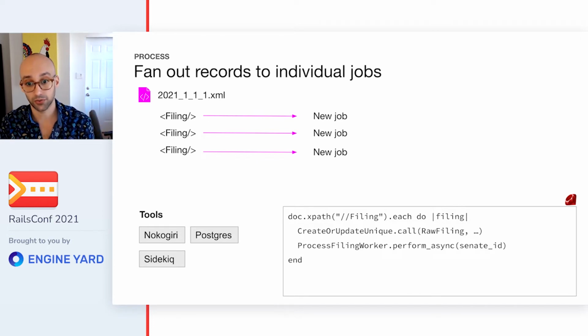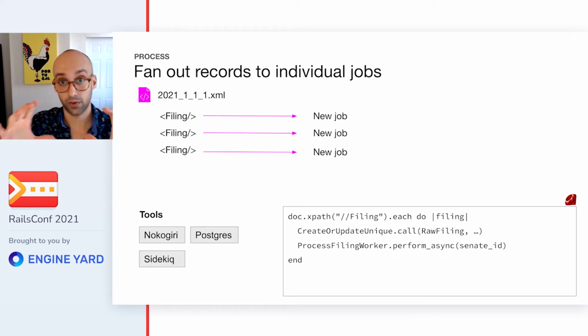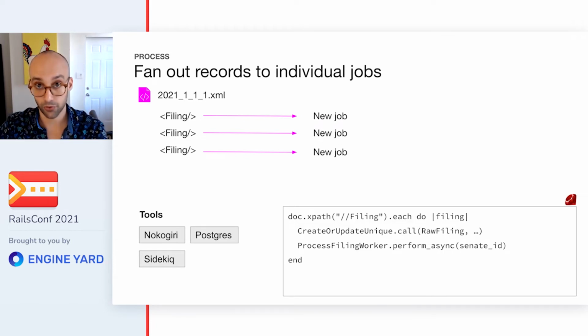And we want to, within the XML file, extract all of the filing elements. And again, we use Nokogiri to do this. Within the file, we loop through all the filing tags. We write the XML of each filing to Postgres.